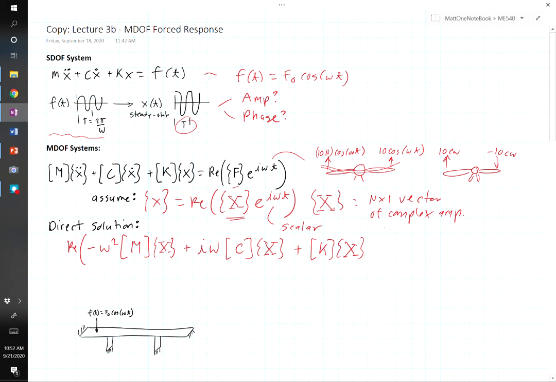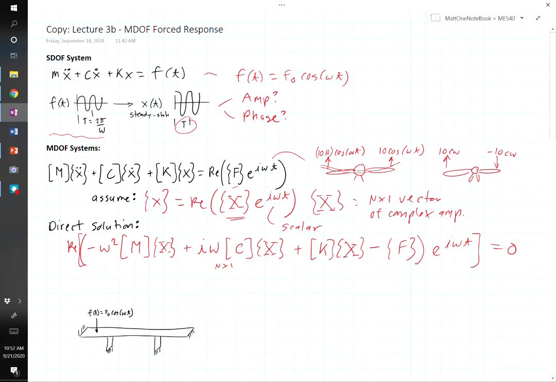And then all of that minus f, and then all of that e to the I omega t equal to 0. So everything in the parentheses here is just a number, a matrix, or actually a vector, an n by 1 vector of complex amplitudes.